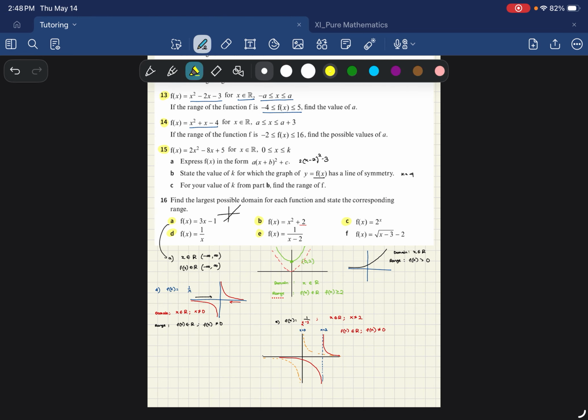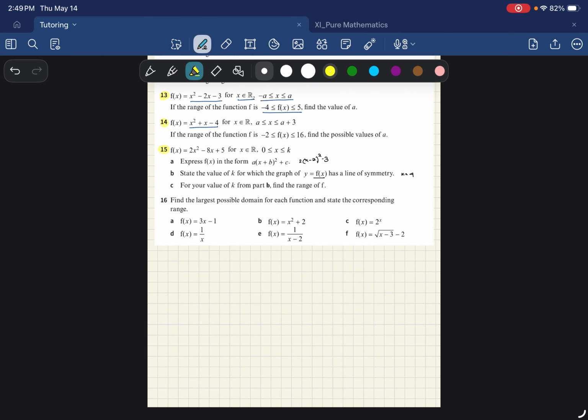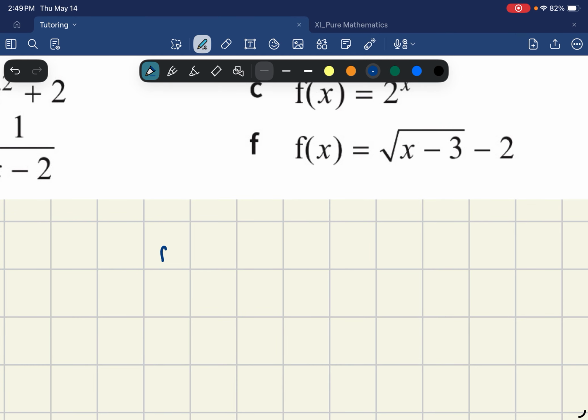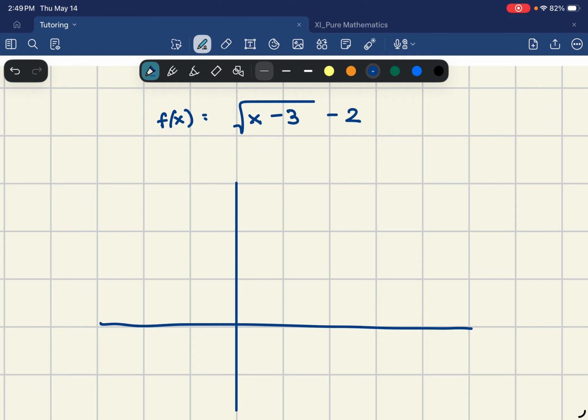All right. And finally, so I hope I can erase everything here. We have f of x is equal to square root of x minus 3, minus 2. So the graph of square root of x looks something like this.